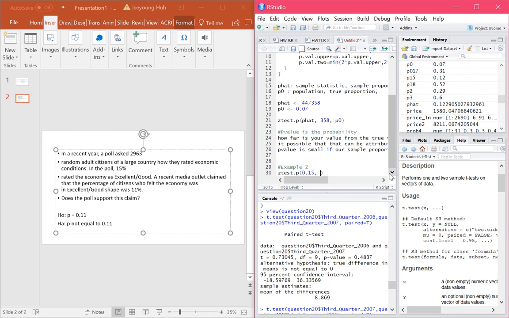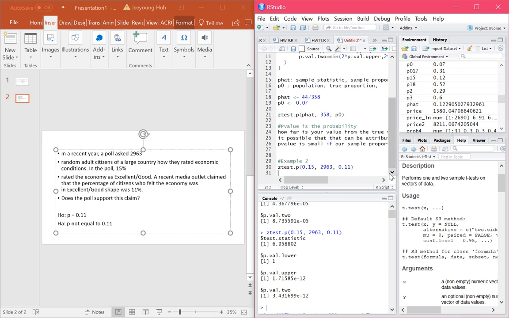What is our n? 2963. And our p naught is 0.11. And so we just go like that and find the test statistic over here. Is this a one-tailed or two-tailed test? Two-tailed, two-sided, because it's not equal to, we can have both ends, right?